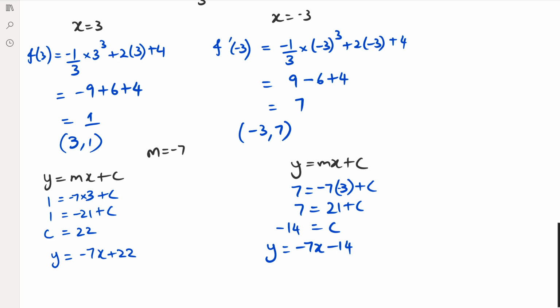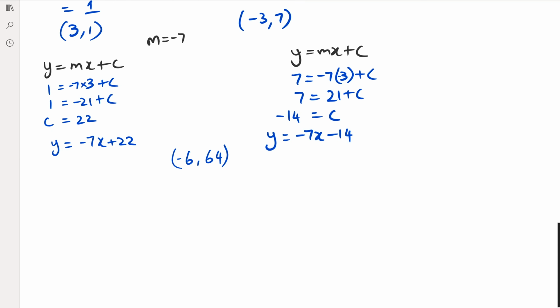Now I need to check which one of these two lines has the point negative 6, 64. Let's try the first line. y is equal to negative 7 multiplied by negative 6, plus 22. That's 42 plus 22, so y is equal to 64.